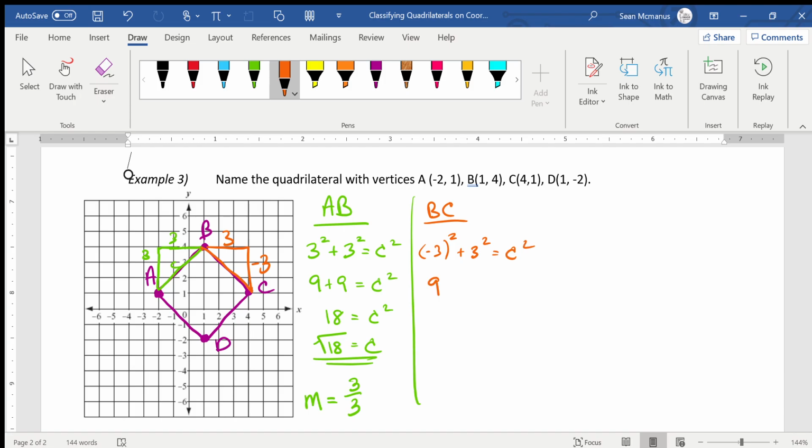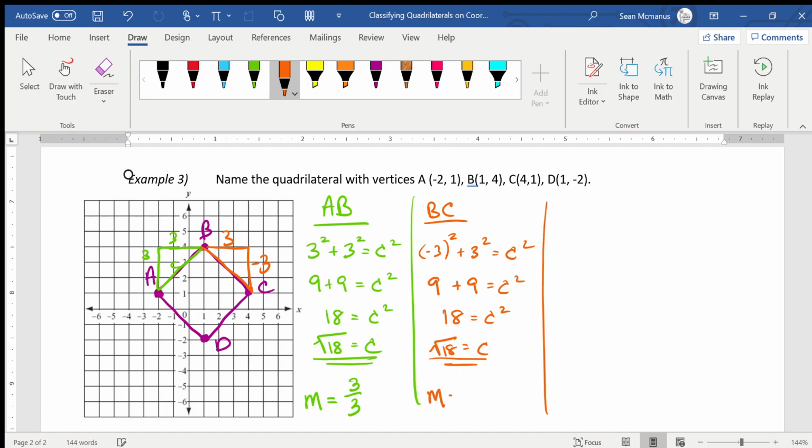Negative 3 squared is 9, right? So remember, when the lengths get squared, the negative is going to end up vanishing, so that's a nice thing. So 9 plus 9 equals c squared. 18 equals c squared. C is the square root of 18, so that's a nice thing. I see those two are already the same, so that's good.